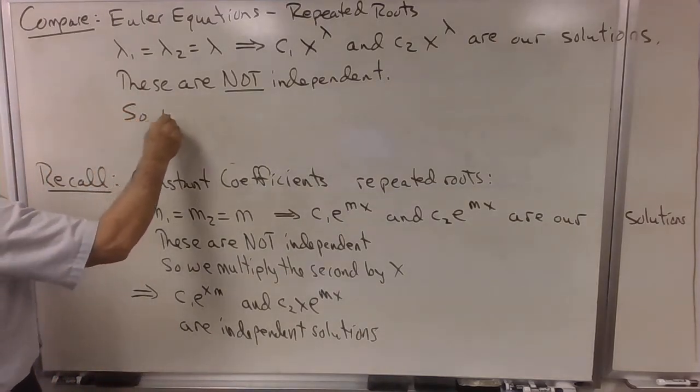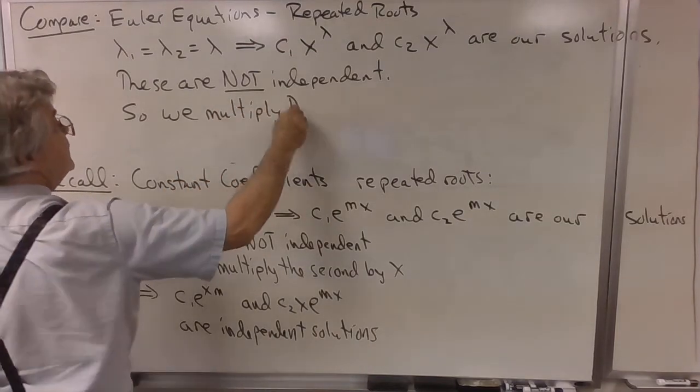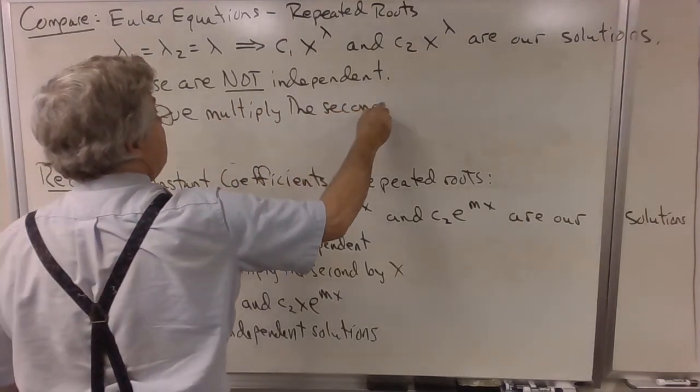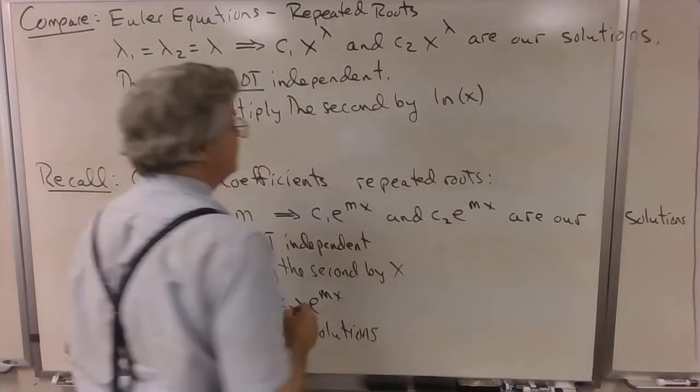So we multiply the second by natural log of x.